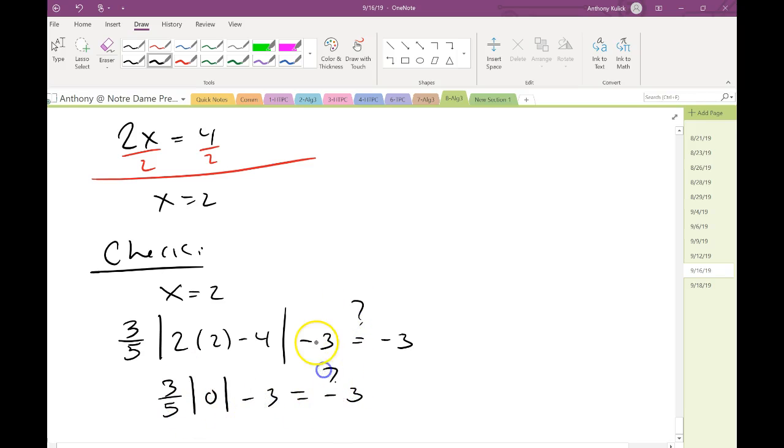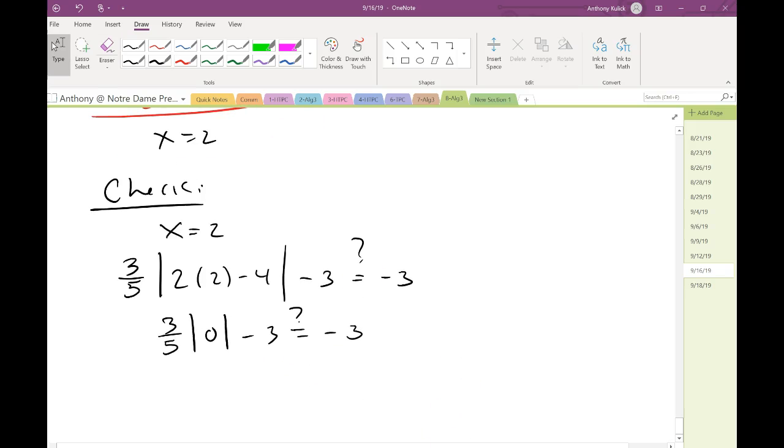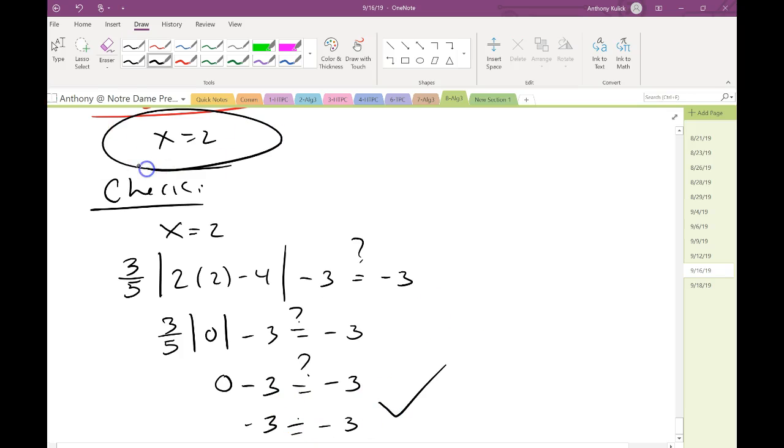The absolute value of 0 is 0. 0 times anything is 0. And 0 minus 3 is negative 3. So that one does work. There's my one solution of x equals 2.